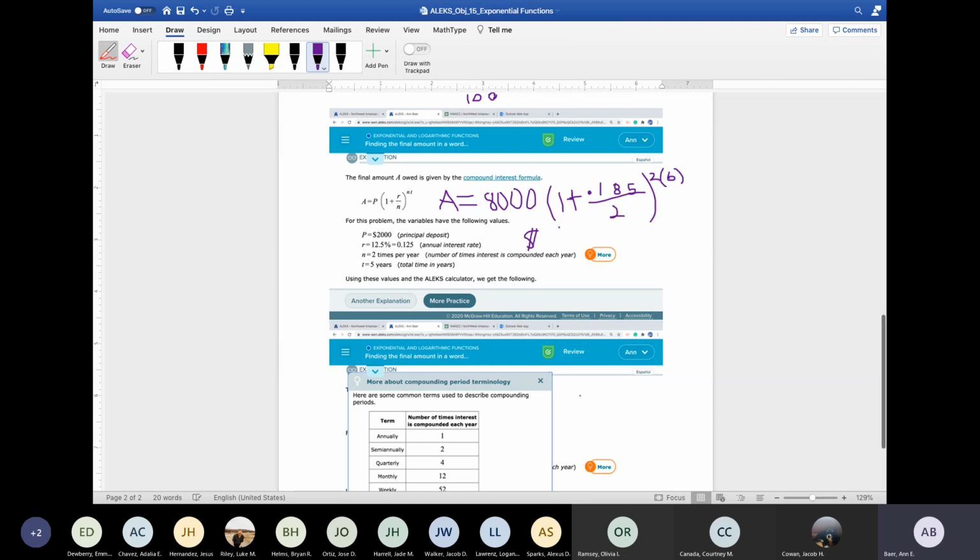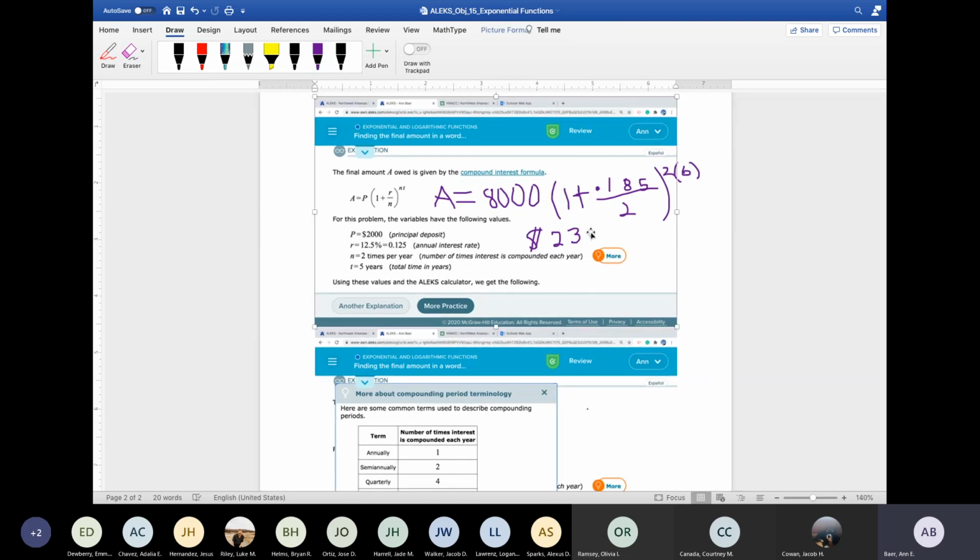Dollar sign, 23,000, $128.49. The next digit is a 2, so it's just 0.49.